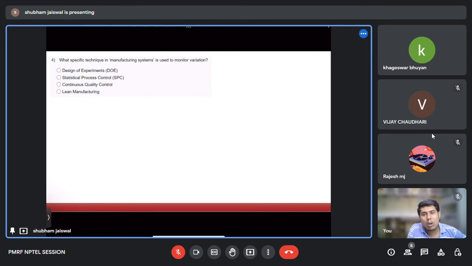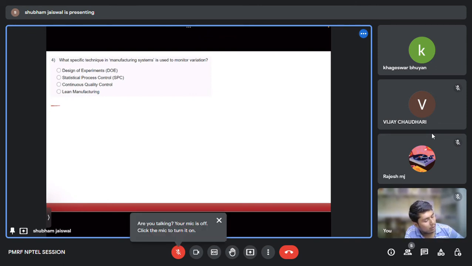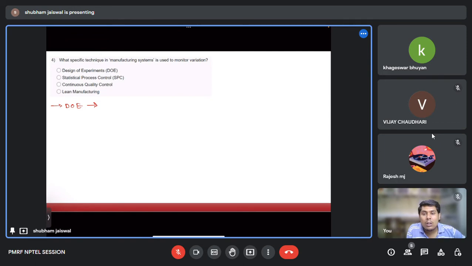When we talk about design of experiment, we design experiments in such a way that we can study the factors affecting our process, like how much experimentation I should carry out.